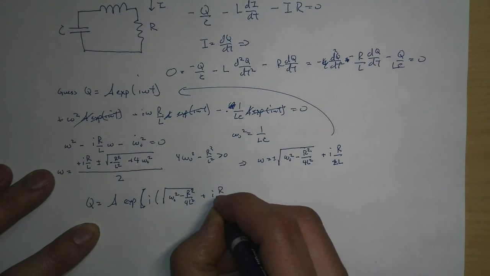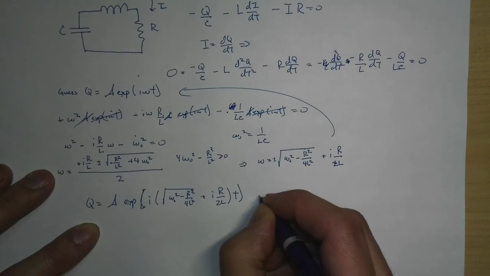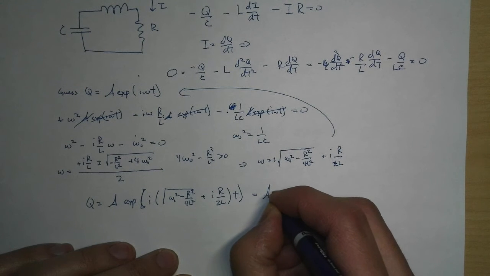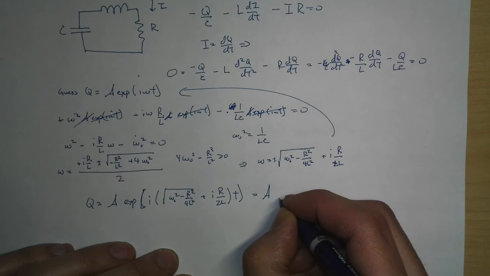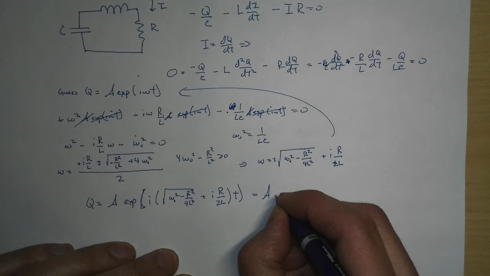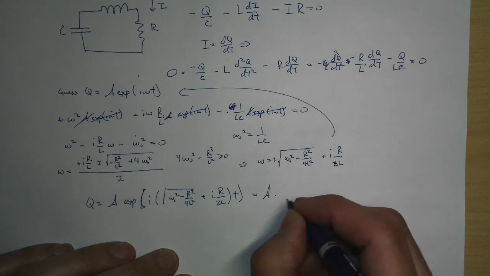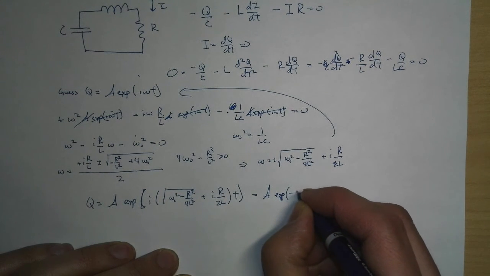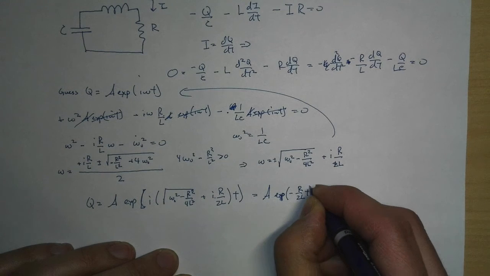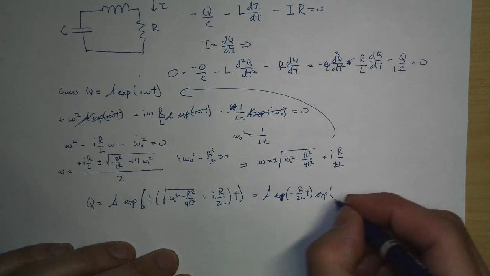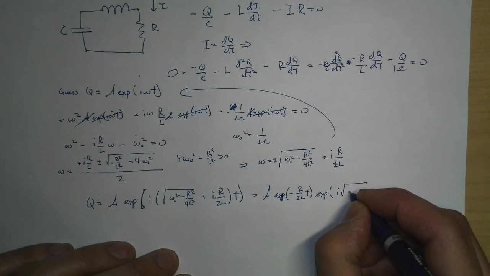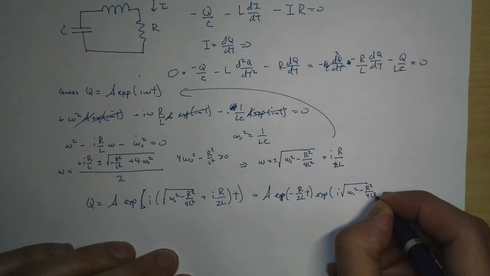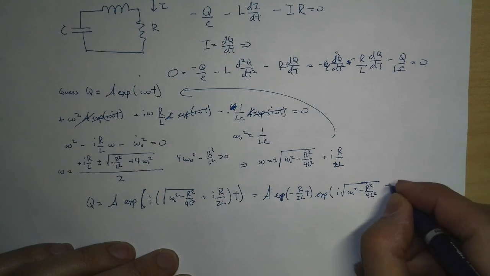Multiplying this out, I times I is a minus, so it will be exponent minus R over 2L t, times exponent I square root of omega naught squared minus R squared over 4L squared times t.